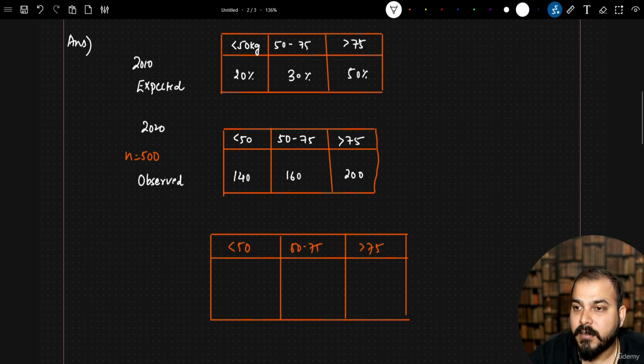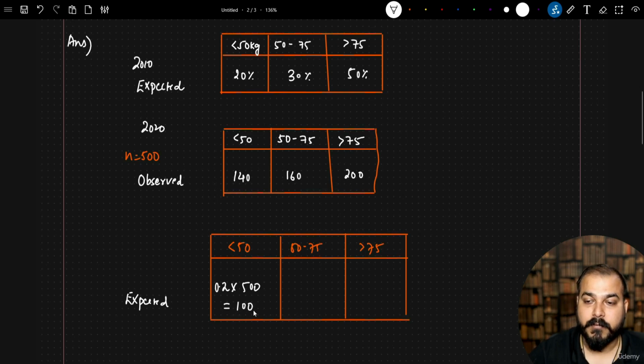In 2010, 20% was expected for less than 50 kg, and over here I have 140 from this sample. But the original expected was simple: I will just multiply 0.2 multiplied by 500. So this is nothing but 100.